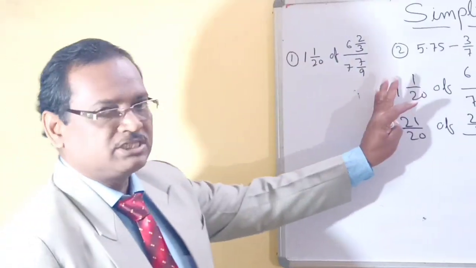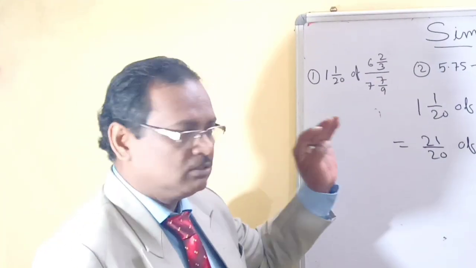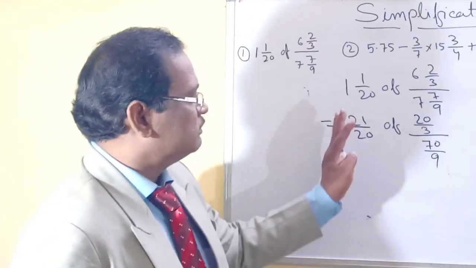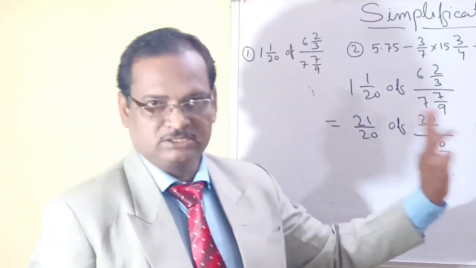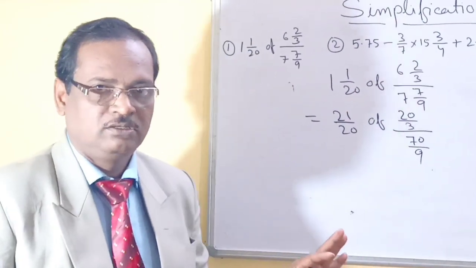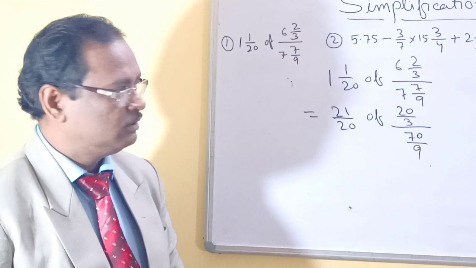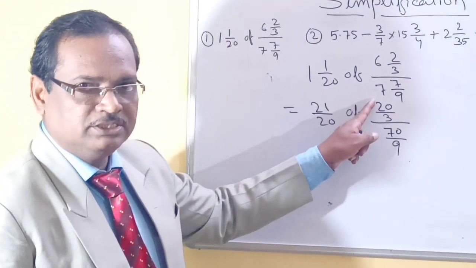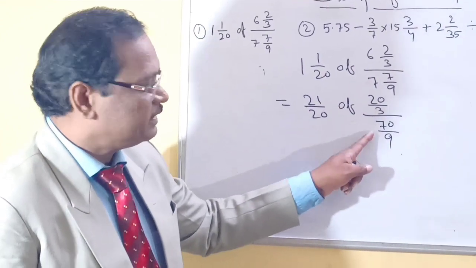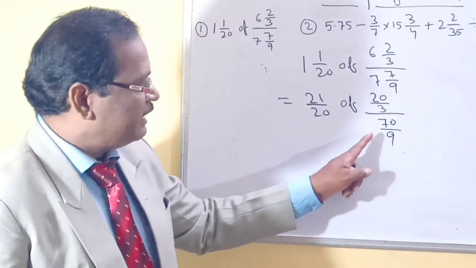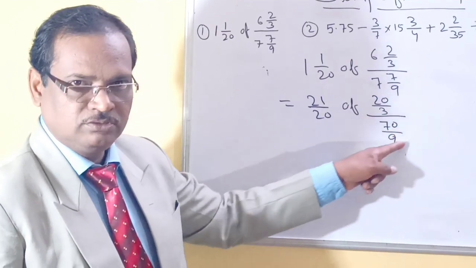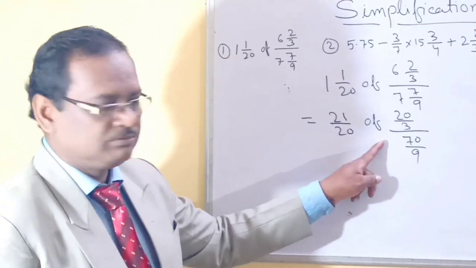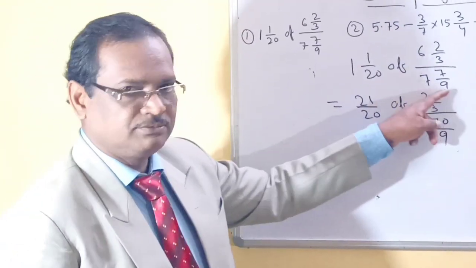So I have just thought what to do in the next step. Now I have already converted the fractions into improper fractions. Now I will think what to do in the next step. See, the numerator is also a fraction and the denominator is also a fraction. So I have to simplify this first, right? I will keep this as it is. First I have to solve this.